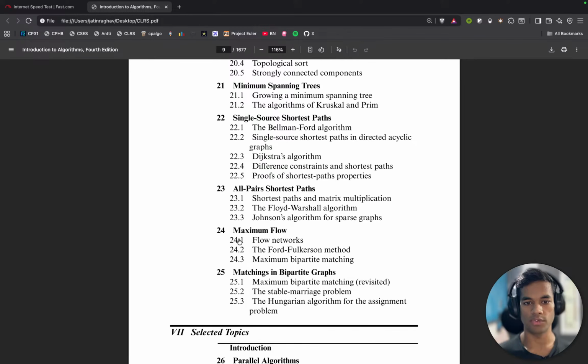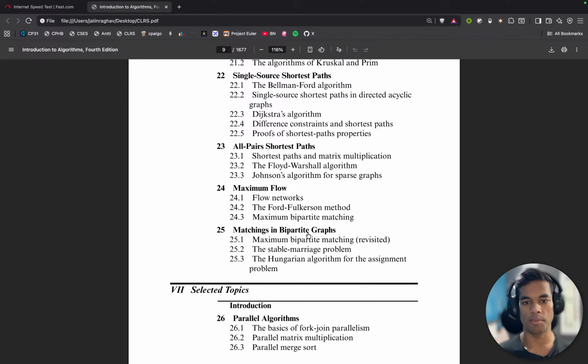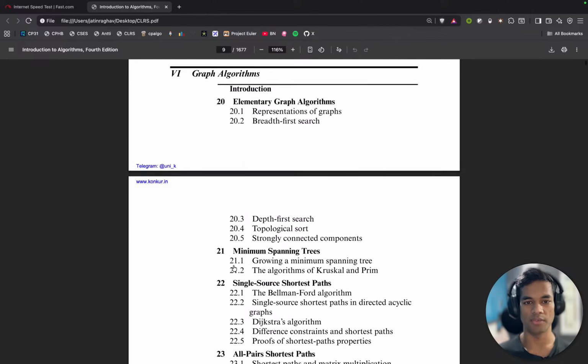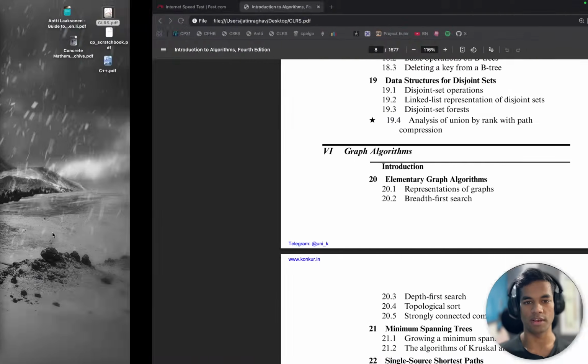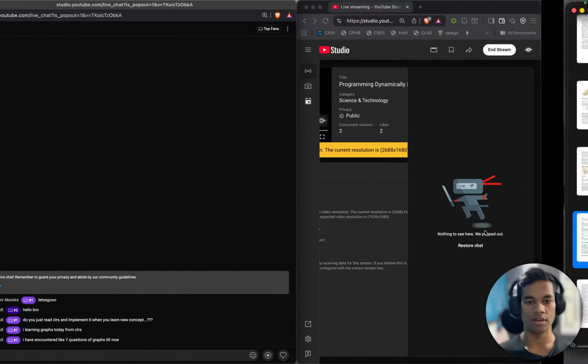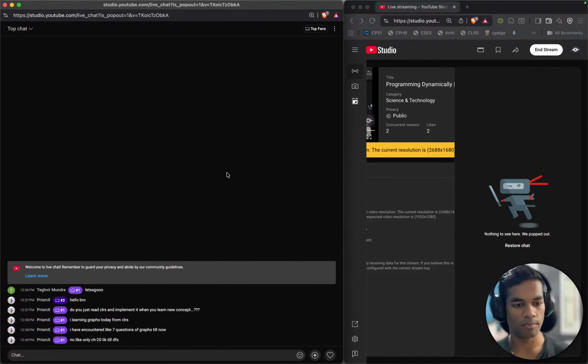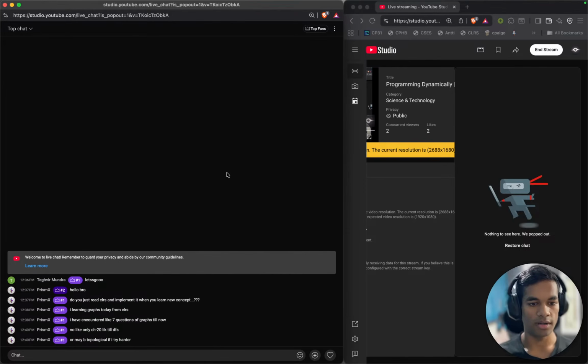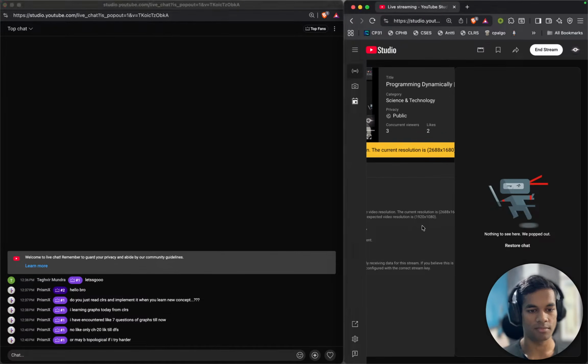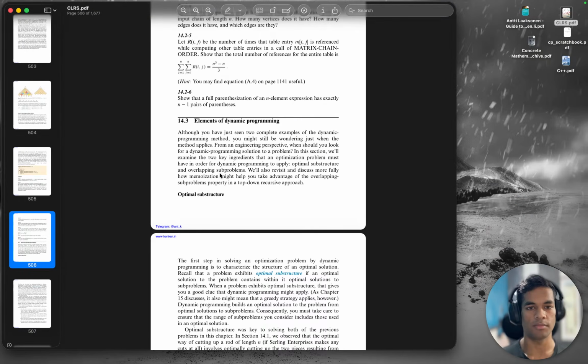There is Floyd Warshall in there, maximum flow, matching in bipartite graphs. It is going to be very interesting when we read this. So yeah, CLRS is amazing. The comprehension is pretty cool. Chapter 20 till DFS or maybe topological sort if I try hard. Yeah, you can read and understand anything if you want, right? It just takes time.